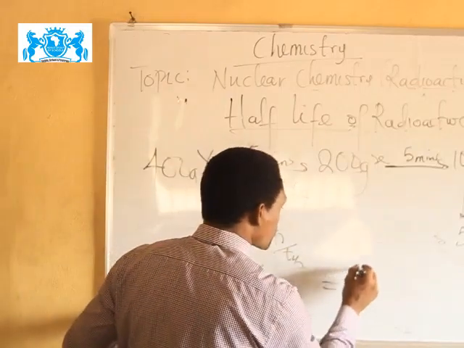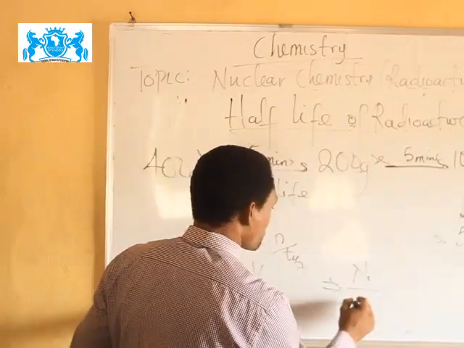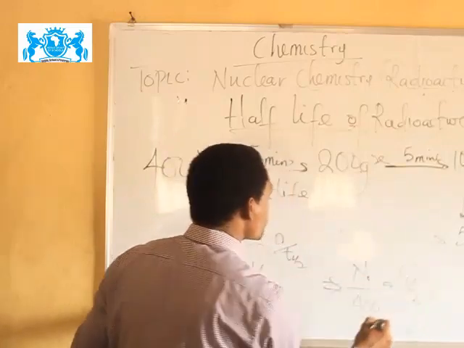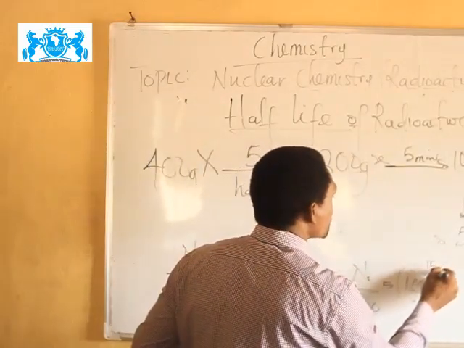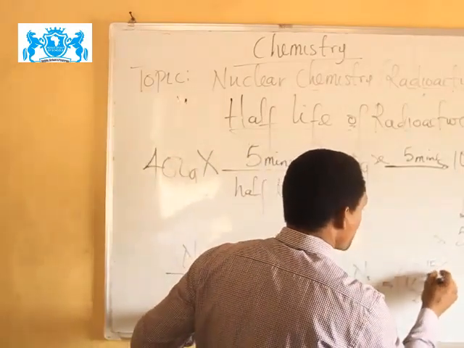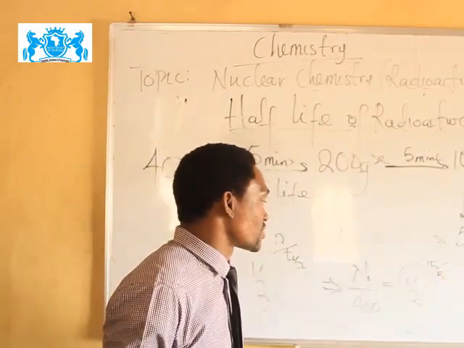Original mass is 400, so N, the new mass, over 400 is equal to 1 over 2 raised to the power of the total time taken, which is 15, over the half-life, which is 5. So 15 over 5, and 15 divided by 5 gives you 3.